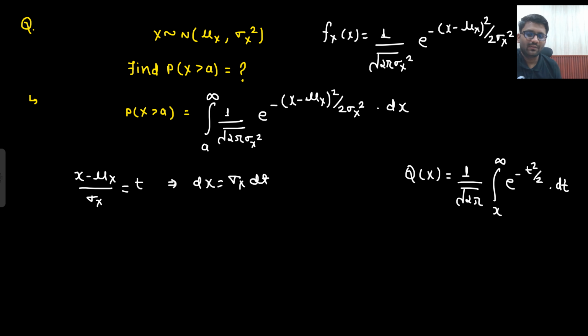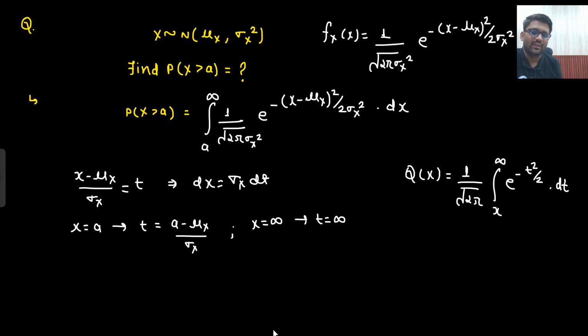And what about the limit? If x is equal to a, then t would be equal to a minus mu x by sigma x. And if x is equal to infinity, then t would be equal to infinity.